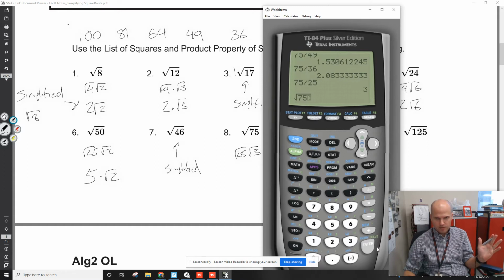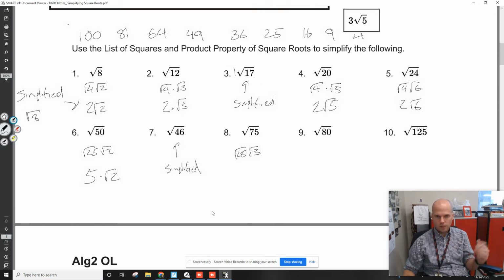Root 75 is root 25 times root 3. 5 is the square root of 25. The square root of 3 is not a whole number. So the square root of 25, 5 times root 3 is the square root of 75. Okay.